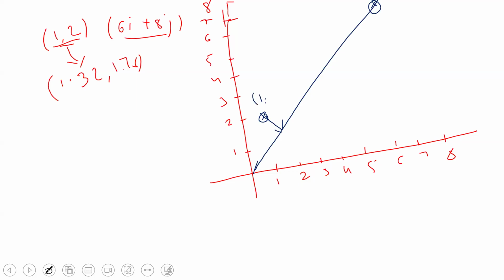This is 1 comma 2, and it became 1.32 comma 1.76. Does this make sense? The x value is 1.32, between 1 and 2, and the y value is 1.76, less than 2. That is the projection of a point onto this particular vector, which has a direction. That is how you calculate the projection. Understood now?